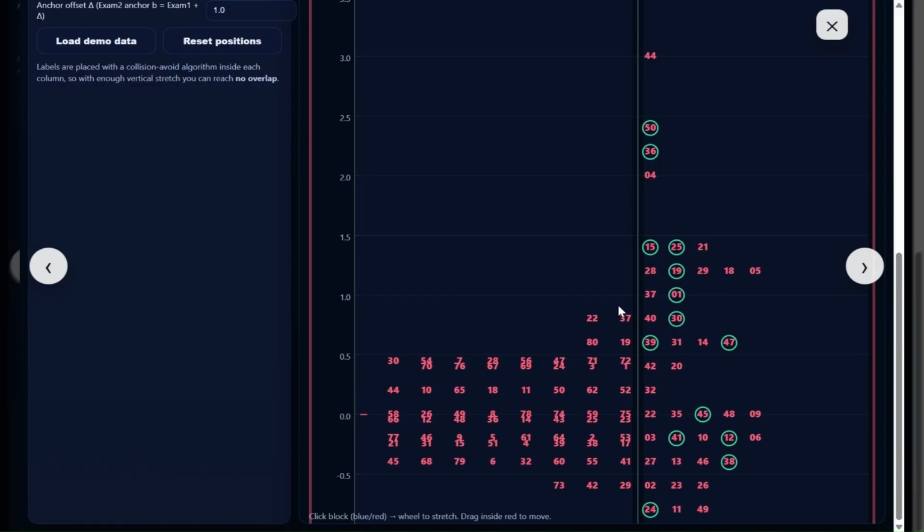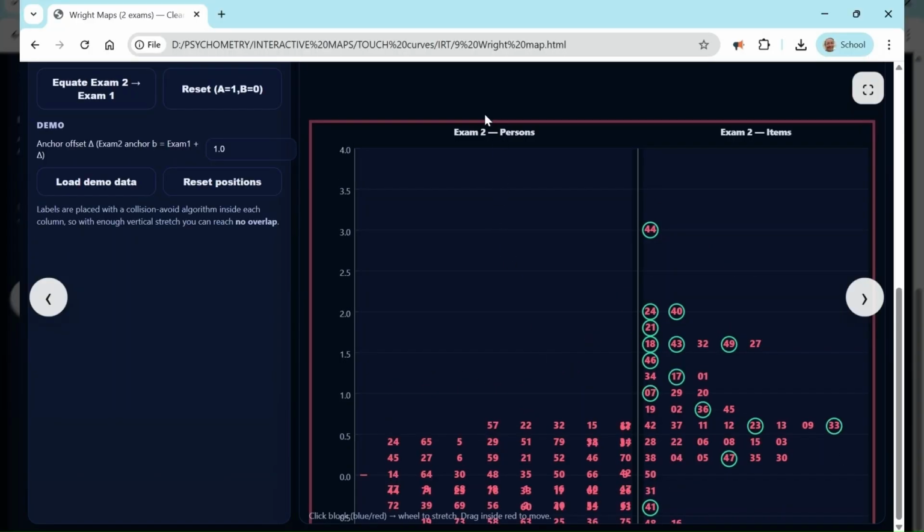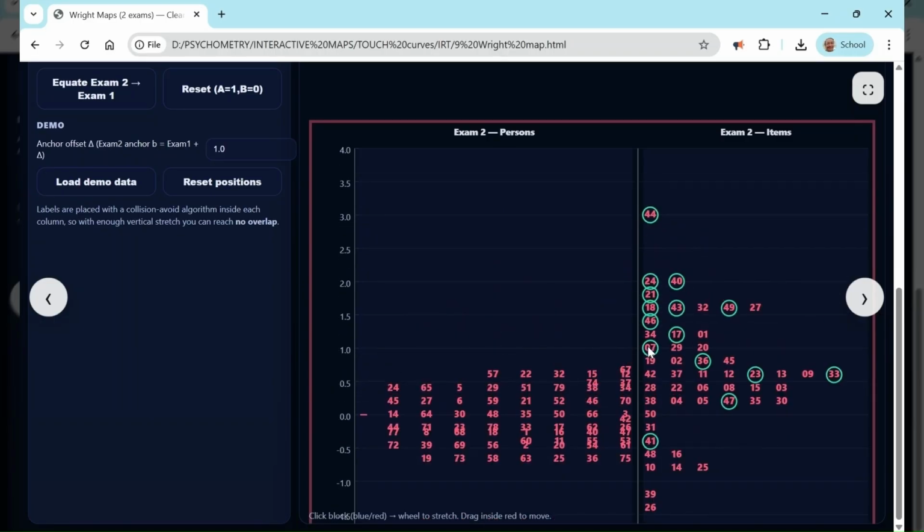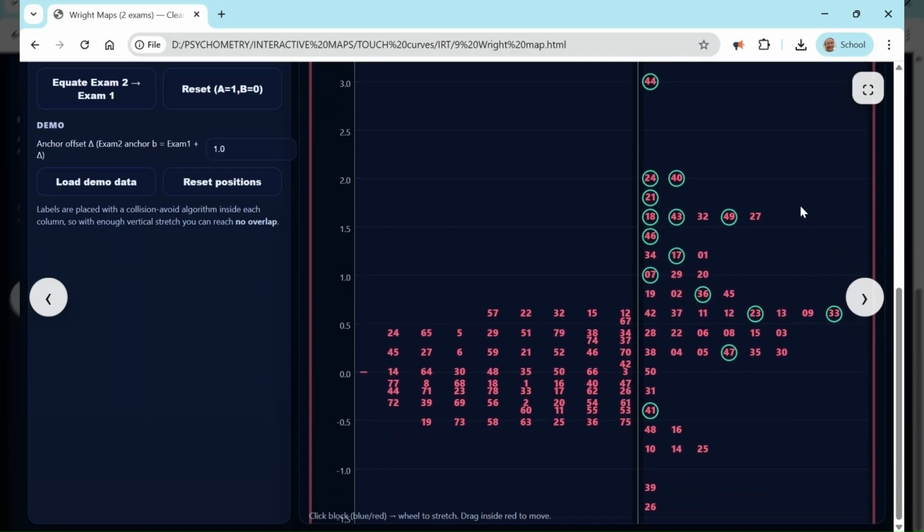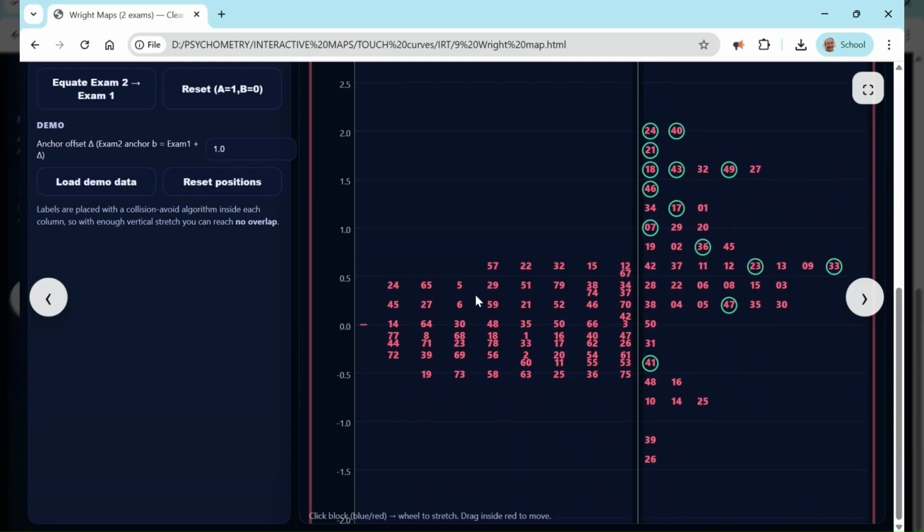Now it appears that this set of questions is similar to the other, but in reality, the whole set is one logit higher. So this is artificial. This is not true.